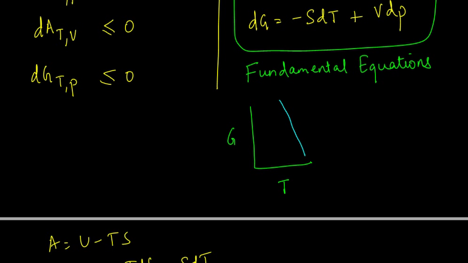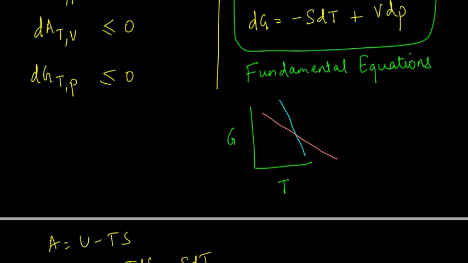Okay. If I now take the entropy of a liquid, it is less than that of a gas. So the slope would be less slanted, right? The slope would be something like that.